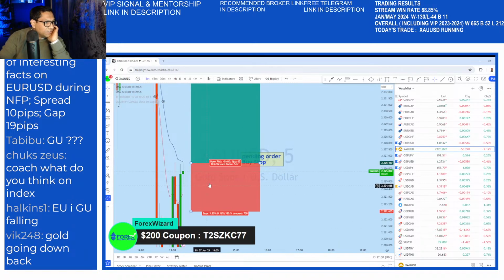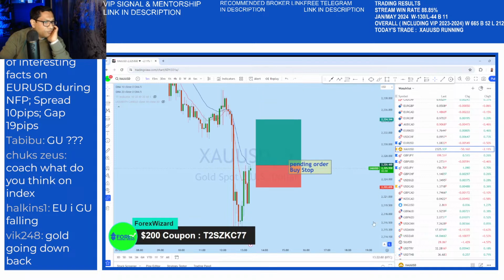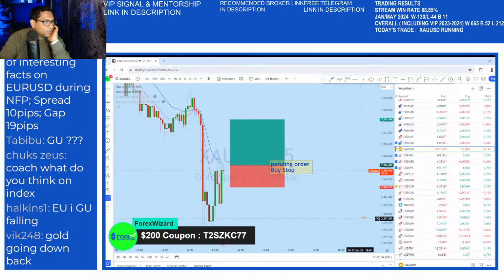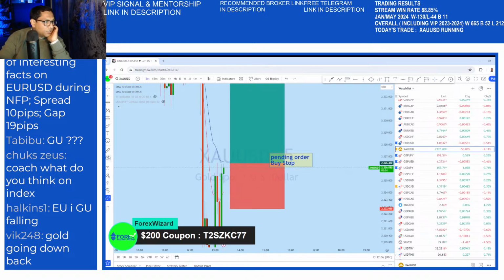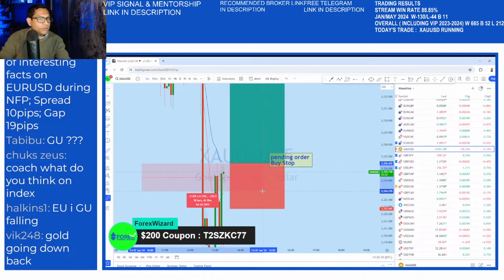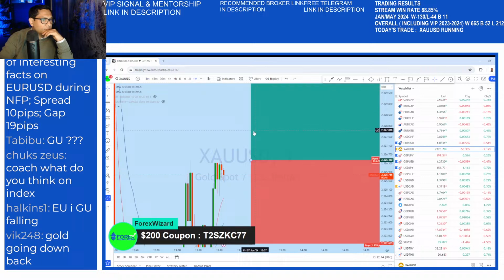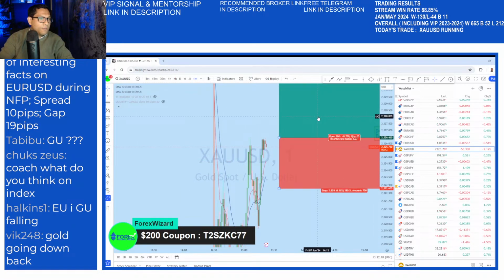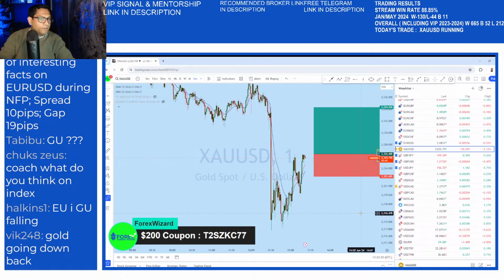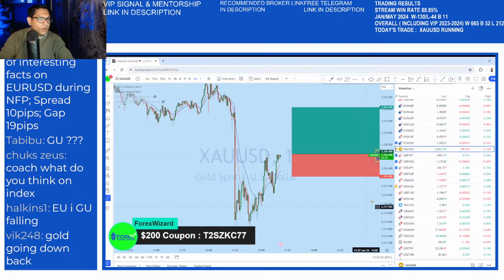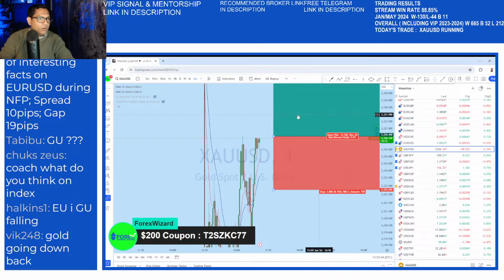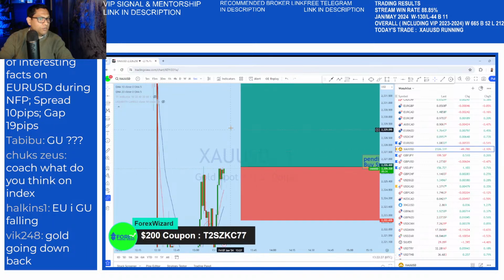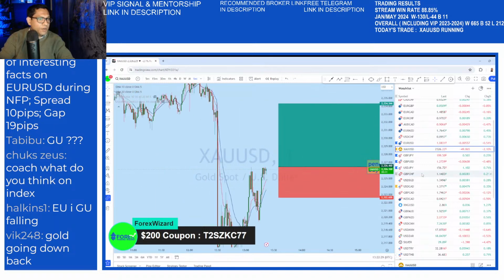There's an imbalance here. It might come back down for this imbalance. It's a very volatile market, not a very good market for a smaller stop loss trade. Okay, we see a primary bounce, expecting it to bounce in that direction so you can secure some pips.